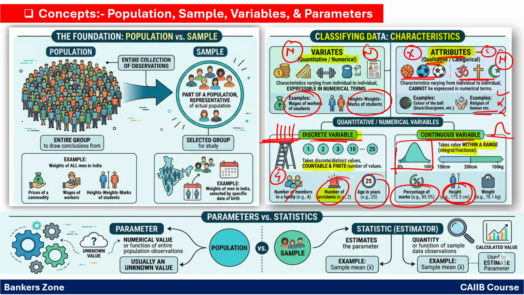So you can have 40.1, 40.2. That means many numbers can generate the value. It is called a continuous variable, right? So values from 0 to 100, including the fractions, give the value called a continuous variable. Very simple, right?